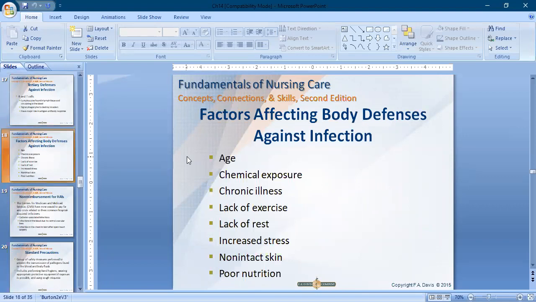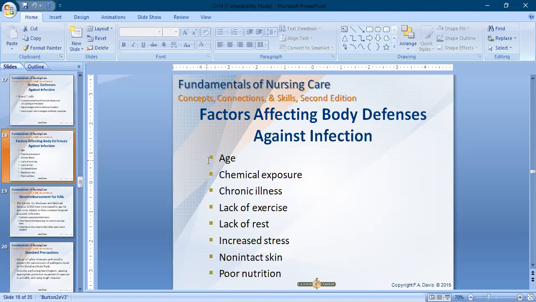Now, factors affecting body defense against infection. One important factor is age. In the extremely young or extremely old, the immune system is not as strong as yours, so they are always at risk of catching infection.